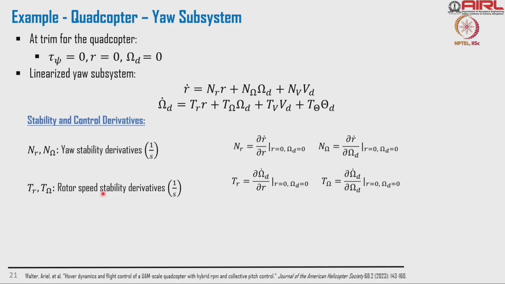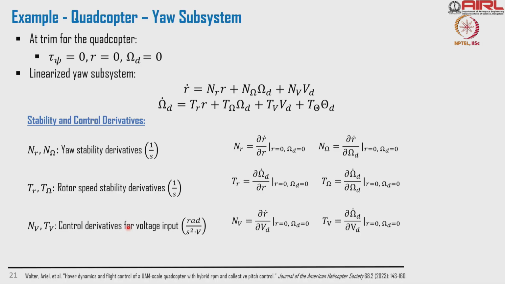Similarly, TR and T omega, the rotor speed stability derivatives, we try to compute them, right. And NV and TV are the control derivatives for a given voltage input. NV is dou R dot by dou Vd, TV is dou omega d dot by dou Vd, right. We try to get these parameters for a given system, right.